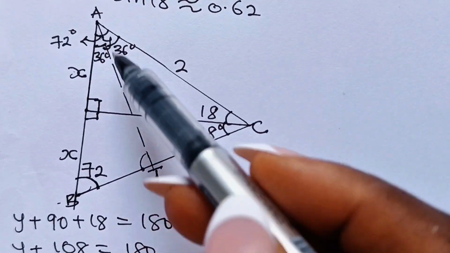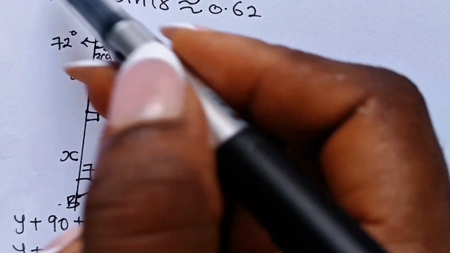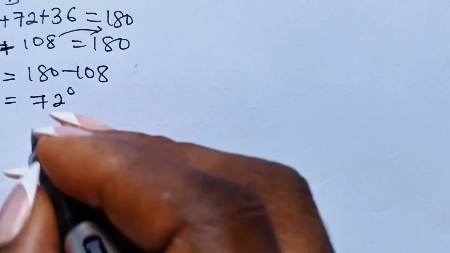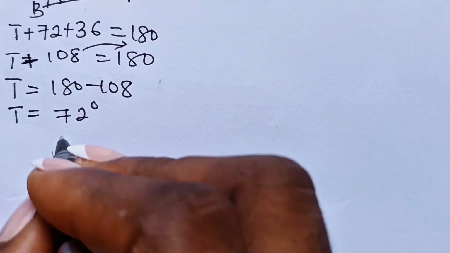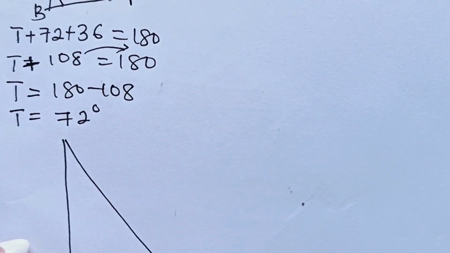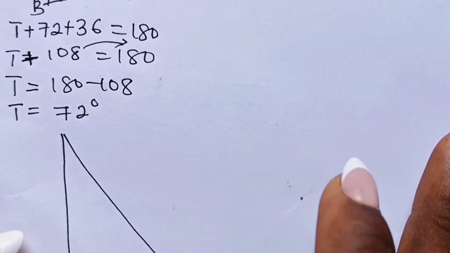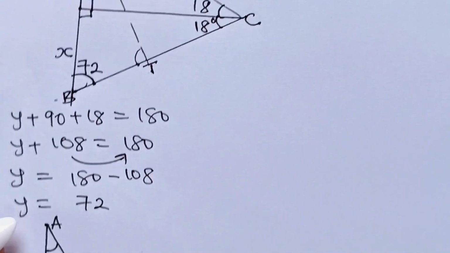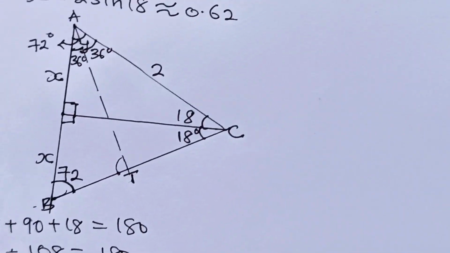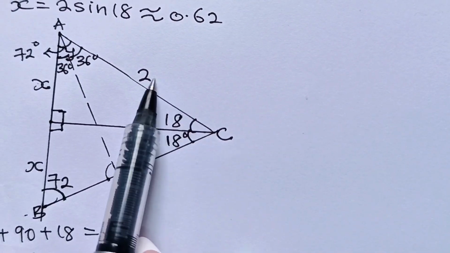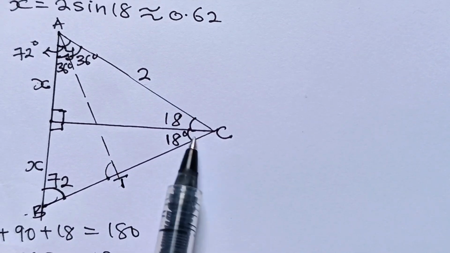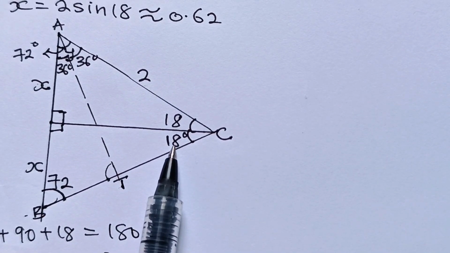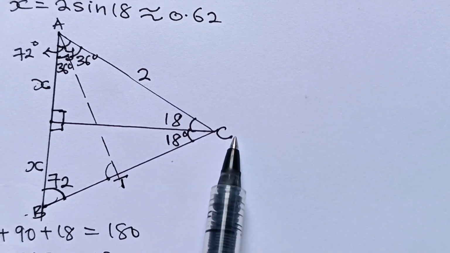Let's take the remaining part of this triangle and draw it out, using a freehand sketch as well. Now, AC is 2, and this angle is 18 plus 18, which is 36. TC is unknown.